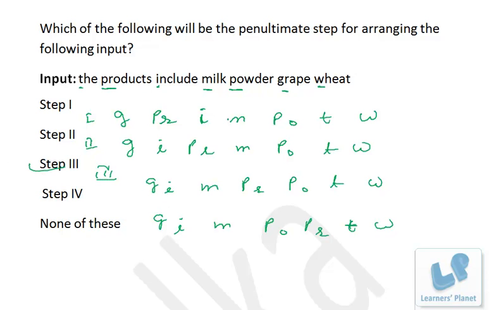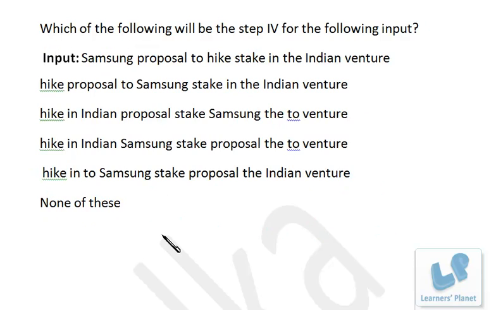Okay, I hope you are clear. Now in this question, for this input, we have to find out the fourth step, right? Now since there is repetition of the first letter, what we do is we give them numbers.